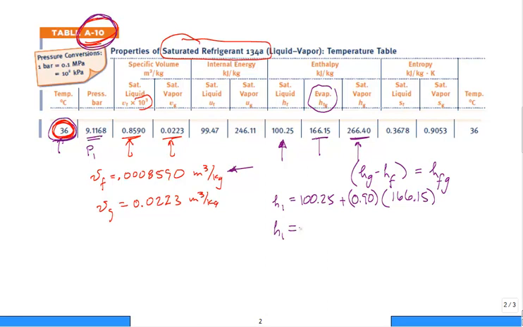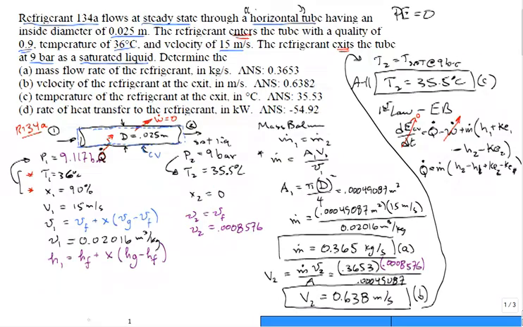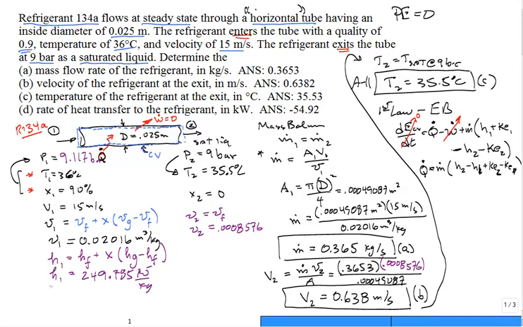So H1 comes in at 249.785 kilojoules per kilogram. So we can put that over here. I'll rewrite it. 249.785 kilojoules per kilogram is H1.